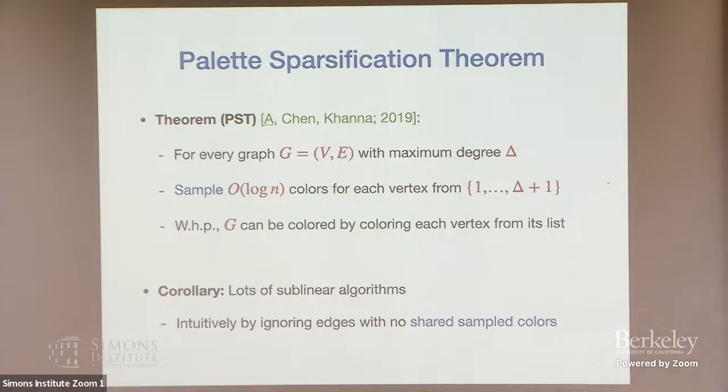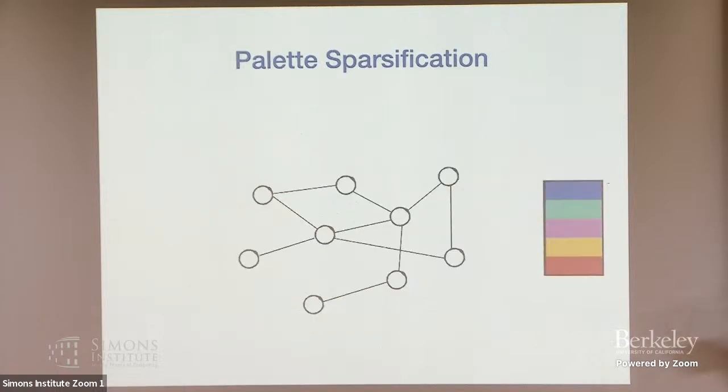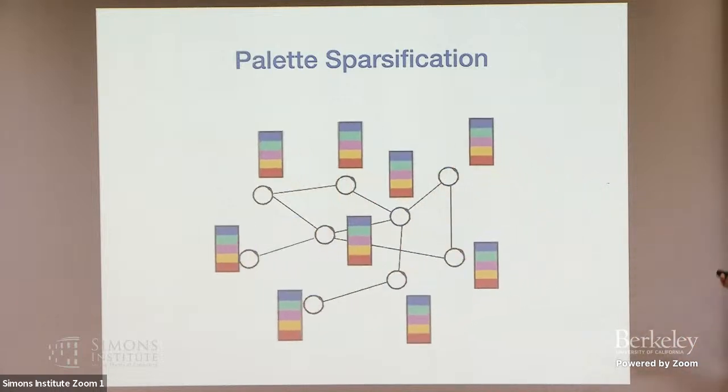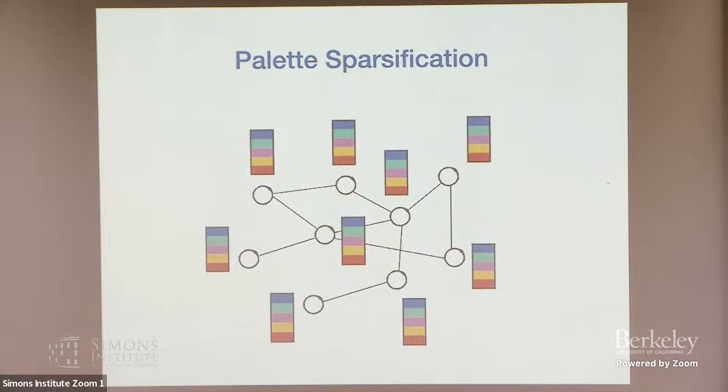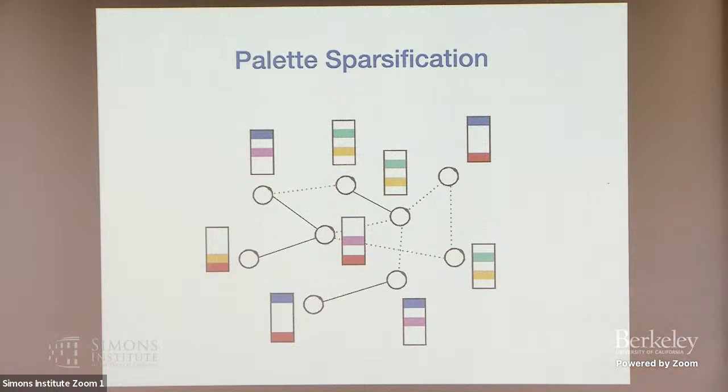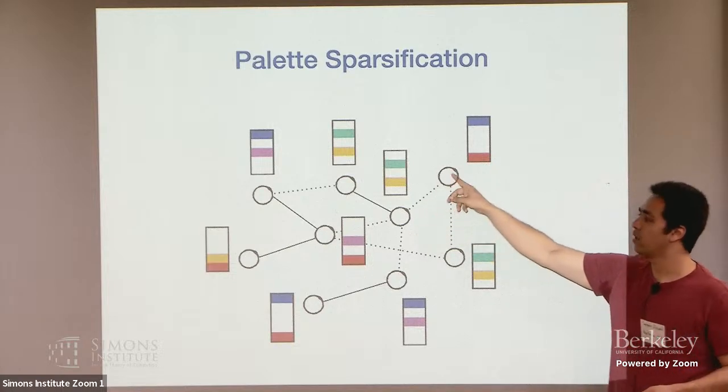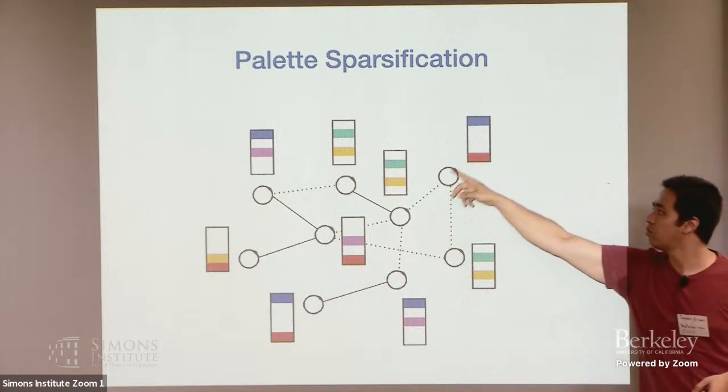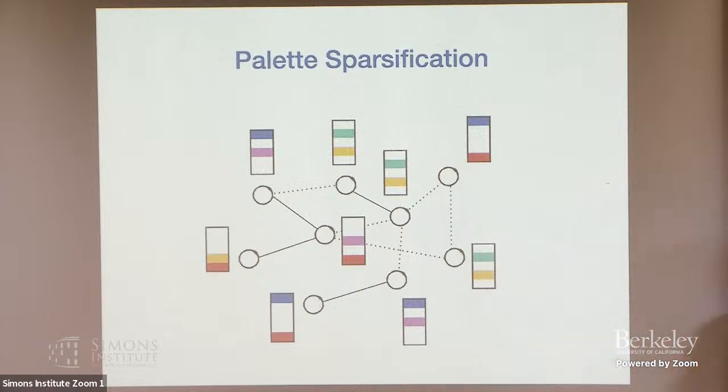Pictorially, let's say these were the colors you wanted to use. You originally had these palettes over all the vertices. Then you sample log n colors for every vertex independently. Then you can just get rid of any edge. Like this edge is completely redundant. Why do I care about it? No matter what color I use from these two palettes, this edge will never become monochromatic.